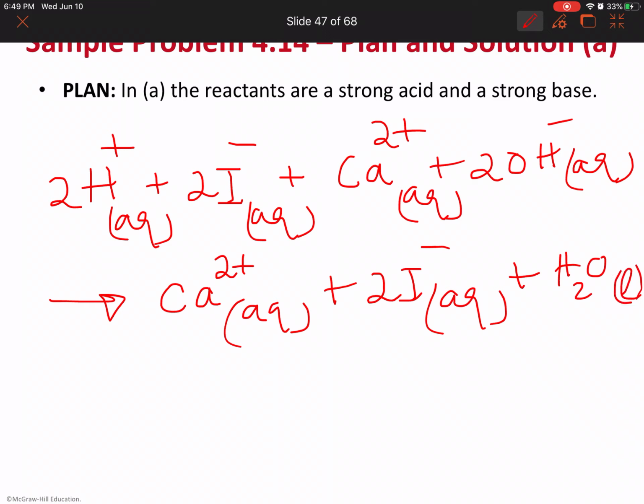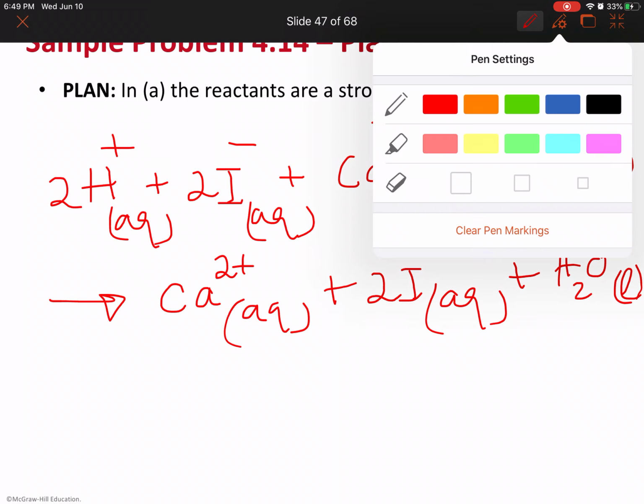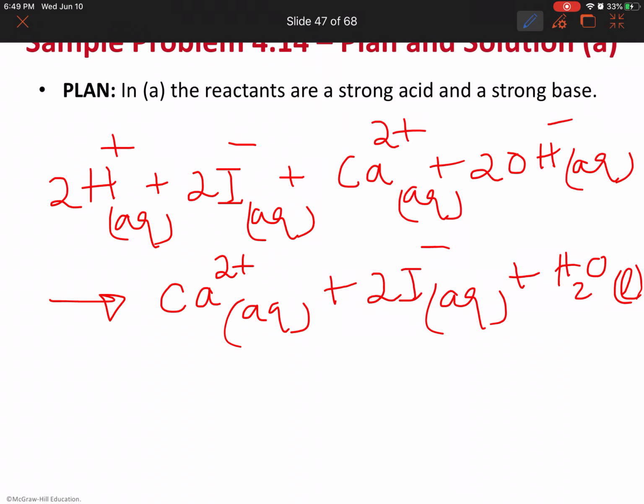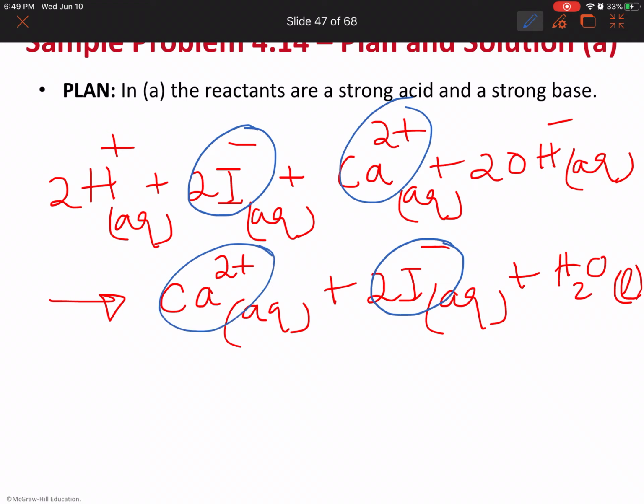Okay, so what are the spectator ions? Your spectator ions are going to be 2I minus and calcium 2 plus.